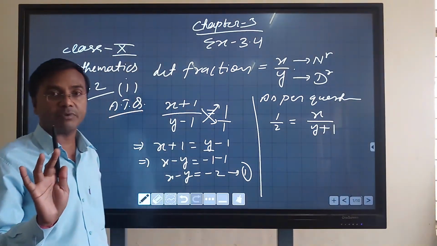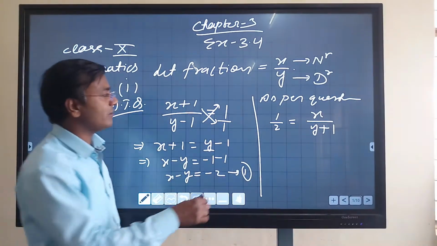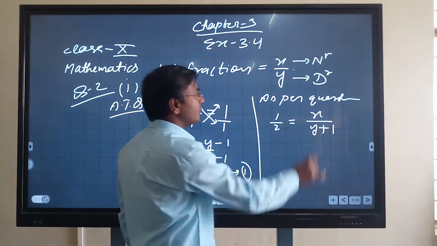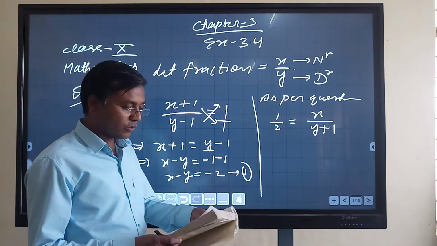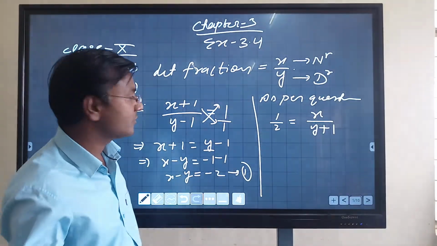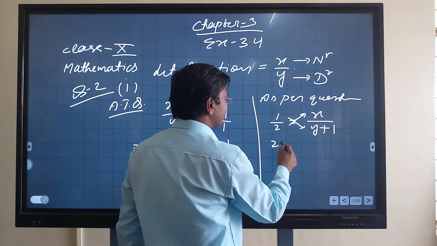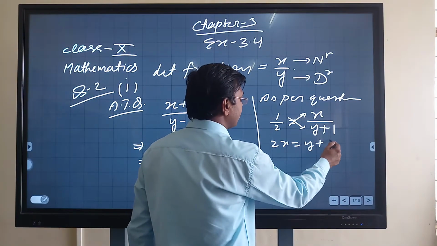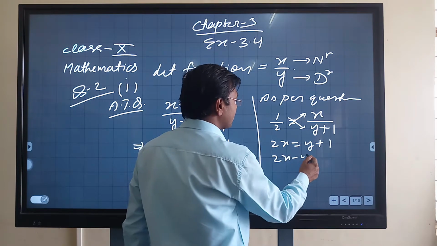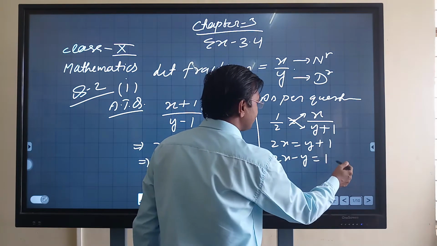This is not given in the question. Okay, so you can read this line once again. 1 adding to the denominator. Right? So now find the fraction. So again, simplify this. So 2x equals y plus 1 and 2x minus y equals 1.